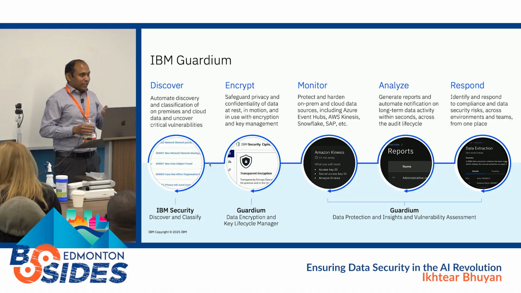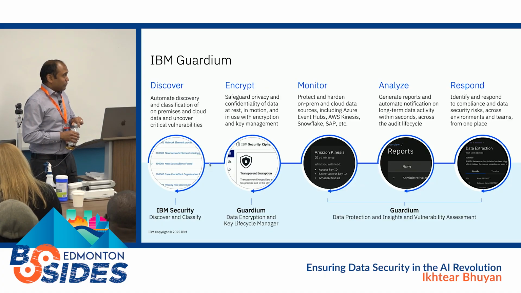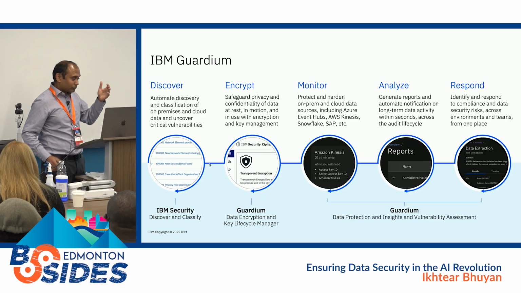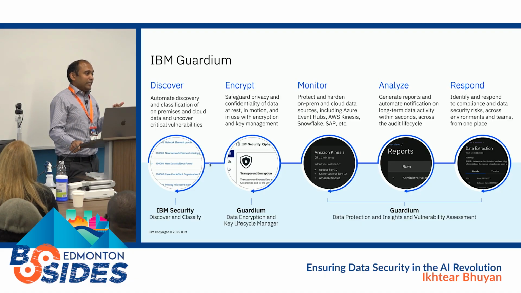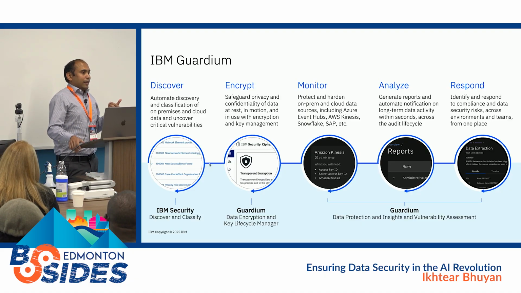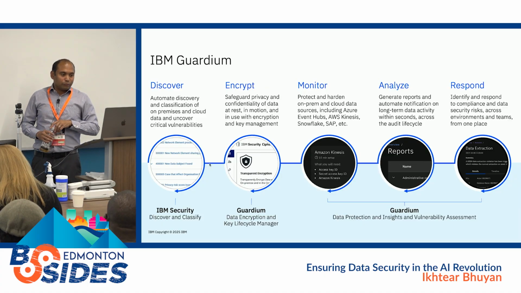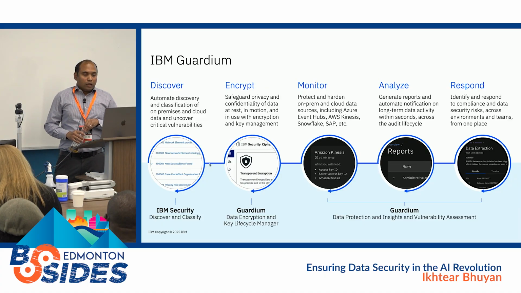So it's a combination of privileged access management, but for the data itself. For example, the DBA usually has access to all the databases. That's what they're meant for, because they are maintaining the whole database platform: Oracle, DB2, SQL Server, MongoDB.